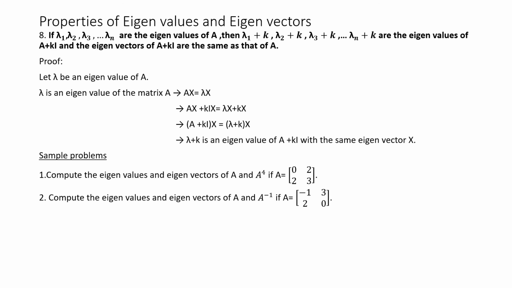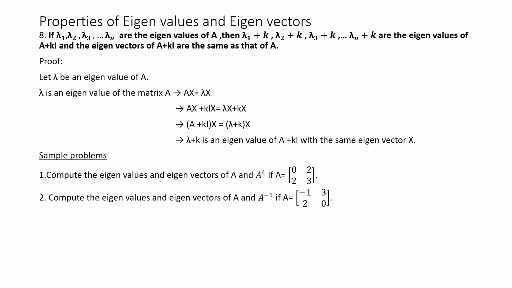Property 8. If lambda 1, lambda 2, etc. lambda n are the eigenvalues of A, then lambda 1 plus k, lambda 2 plus k, etc. lambda n plus k are the eigenvalues of A plus kI, and the eigenvectors of A plus kI are the same as that of A. Here also we start with the assumption that lambda is an eigenvalue of A, meaning it should satisfy the equation Ax equals lambda x.